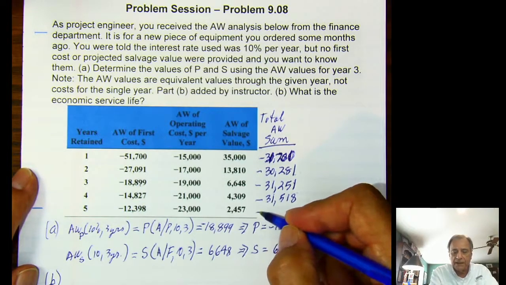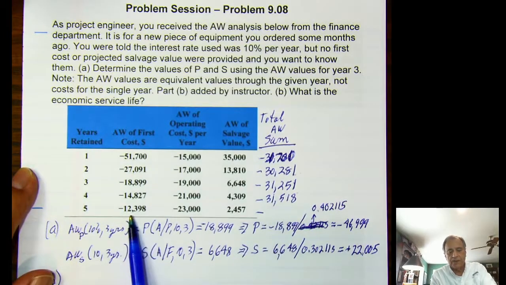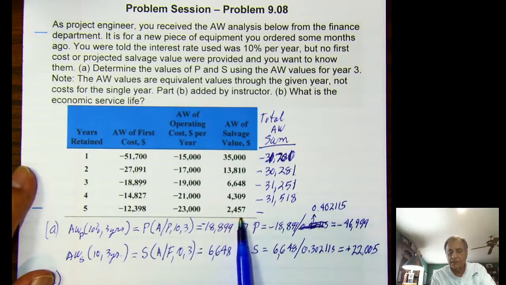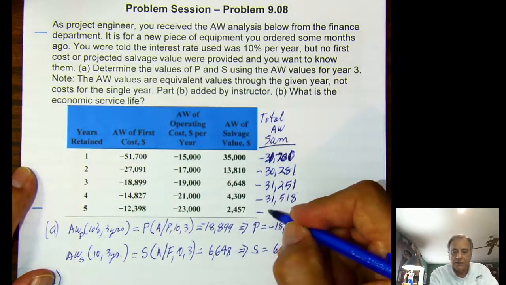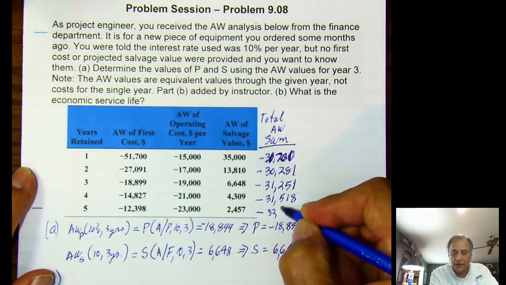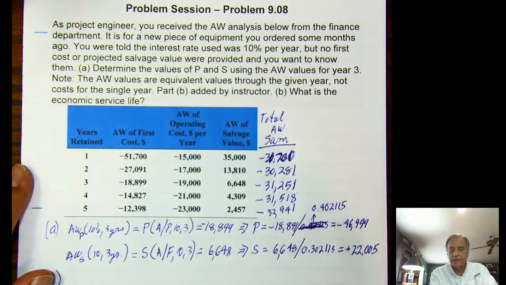And then finally, if I add 12,398 to 23,000, I get 35,398. Subtract 2,057, and I get minus 32,941 if I did my math right.